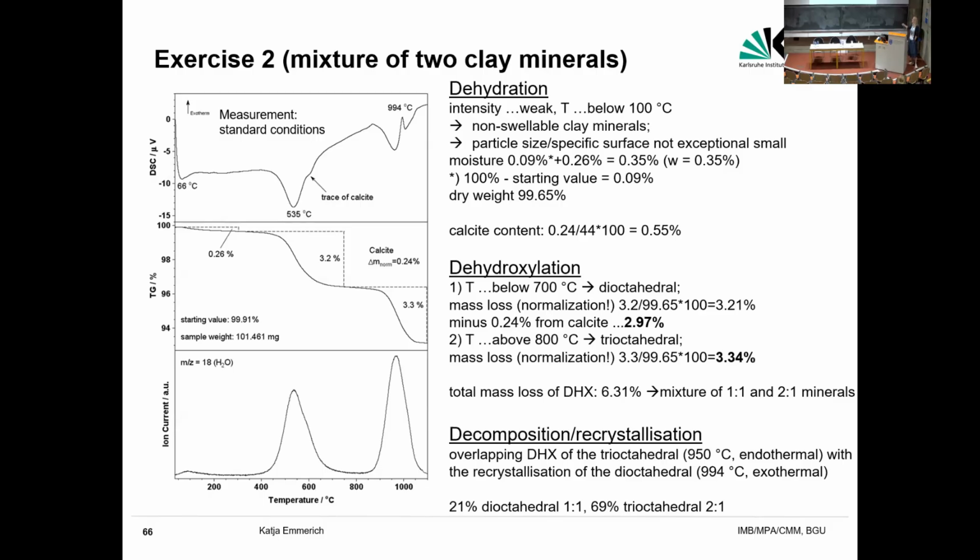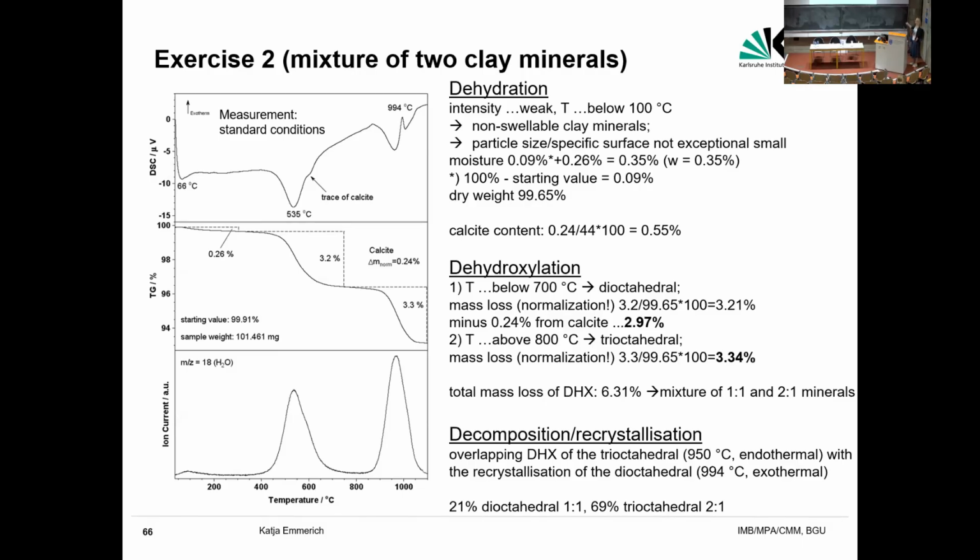So you can only put a number on the peak temperature of the exothermal recrystallization, but not on the dehydroxylation of the talc. This you can only do if you have a gas analysis attached or connected to your DSC-TG device.